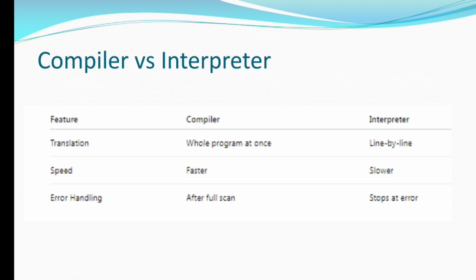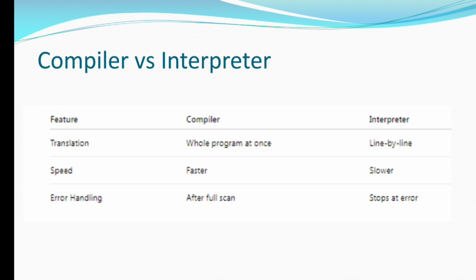Do you know the difference between compiler and interpreter? A compiler runs the entire code, the whole program at once. But an interpreter executes line by line. Suppose you have written 100 lines of code. The compiler will check 100 lines of code at a time.